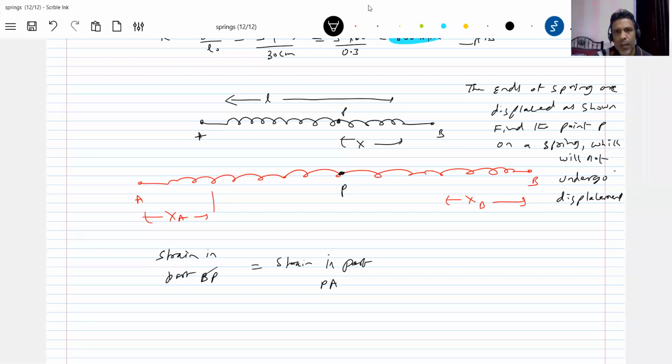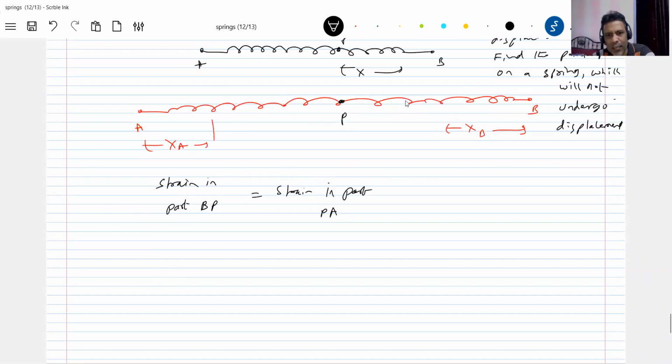Now what is the strain in the part? How did you tell that there will be at least one point on a spring which will not undergo displacement? There's a simple common sense.